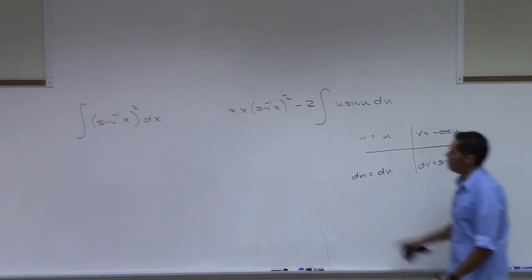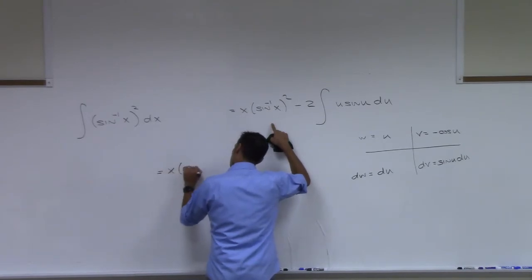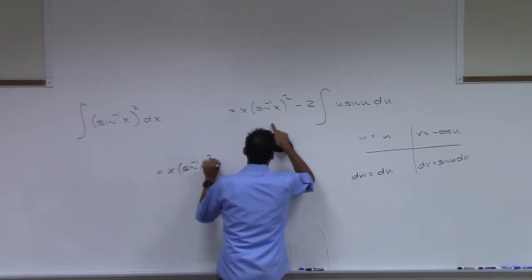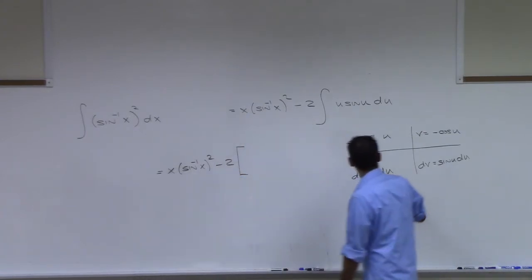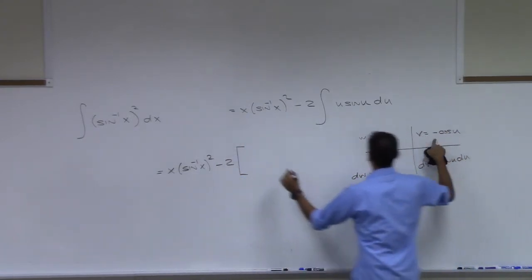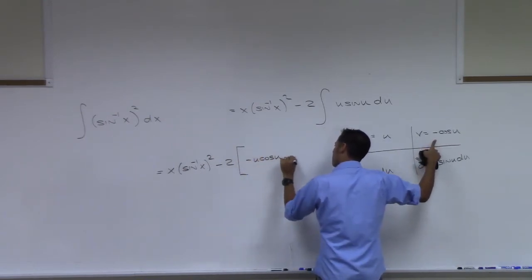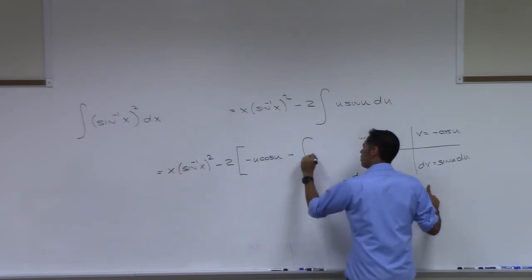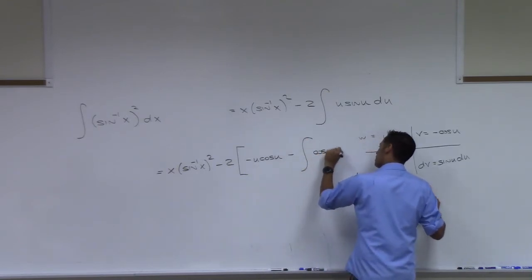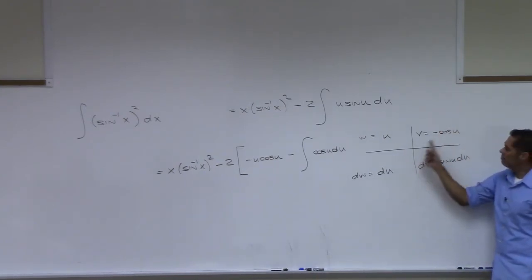So this now becomes x arc sine of x squared minus 2 times, now I have another integration by parts here, which will be uv, which would be negative u cosine u, minus the integral of v du, which is going to be cosine u du. I have that negative again, though, right here, plus.